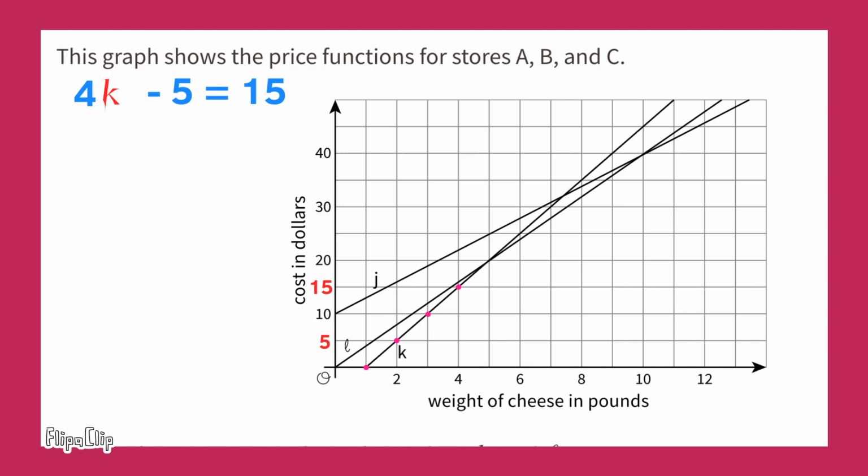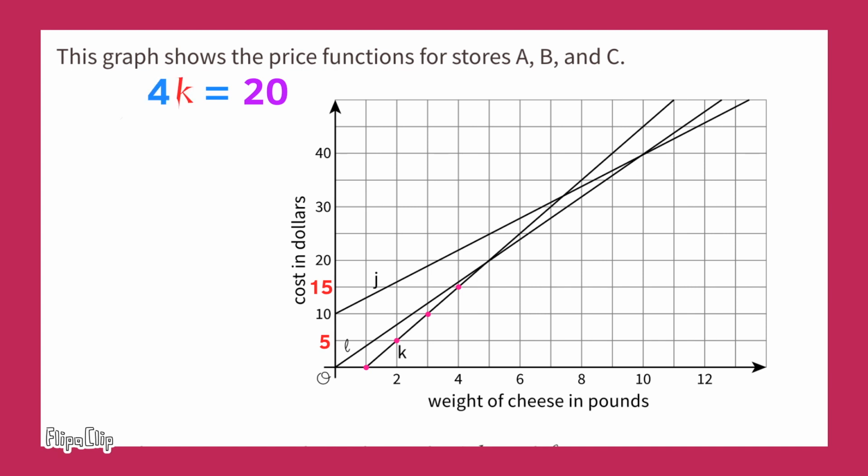I'm adding 5 to both sides to cancel out that negative 5. So when I add 5 to negative 5, it cancels it out. 4K minus 5 plus 5 equals 15 plus 5. 4K minus 5 plus 5 is 4K, and 15 plus 5 is 20. So now it reads 4K equals 20.